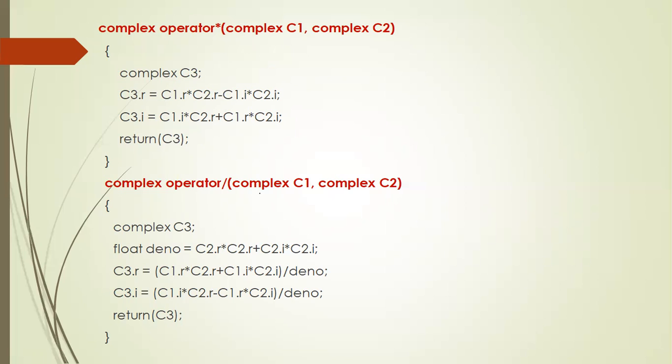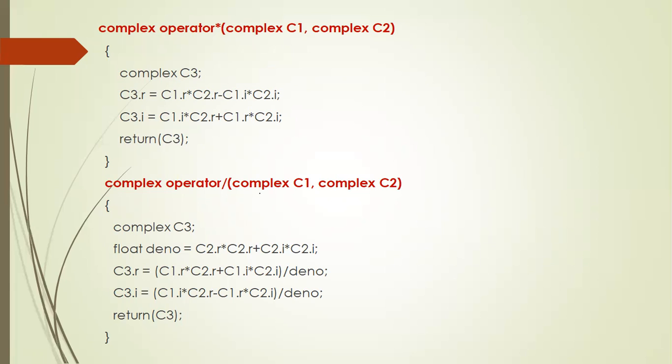Similarly, for division, return type is complex, class name is complex, scope resolution, operator slash, in the bracket, complex C2. So, complex C3, float deno equal to C2 dot R into C2 dot R plus C2 dot I into C2 dot I for deno.